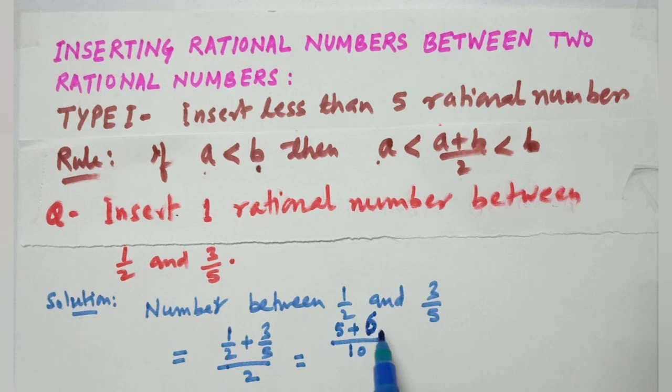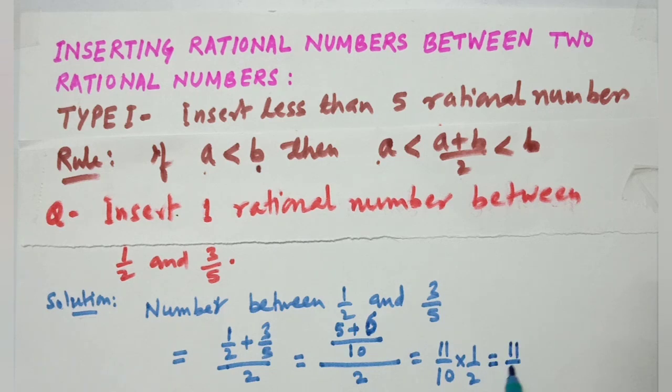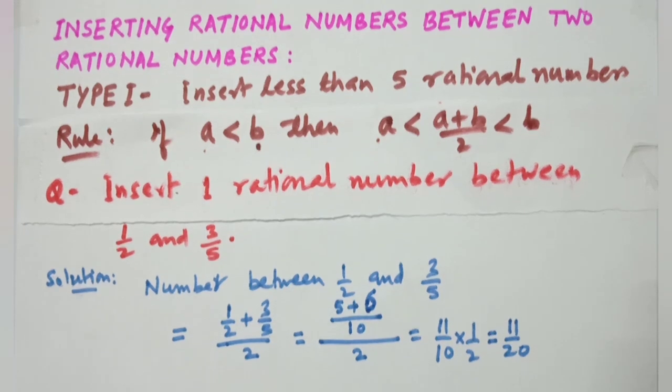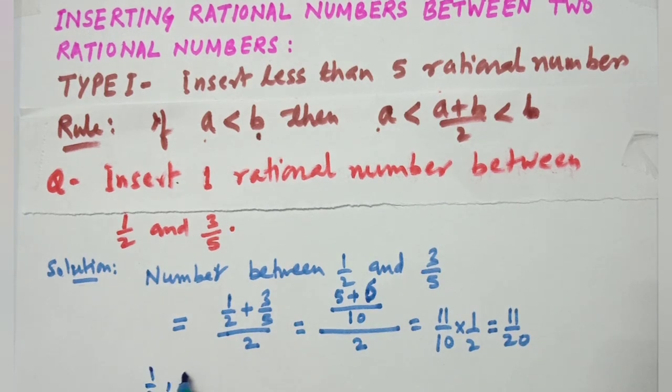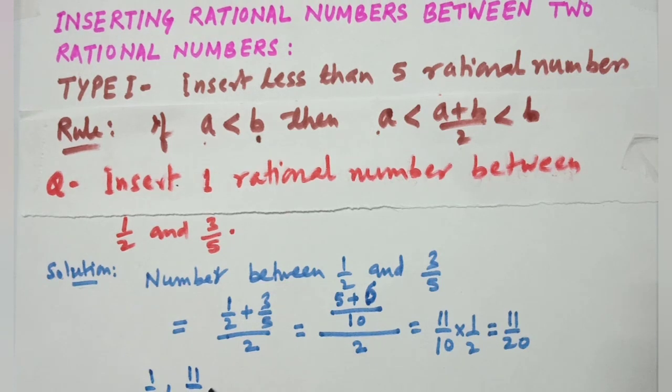You get 5 plus 6, and the whole thing will be divided by 2. So that is 11 by 10, and dividing by 2 you can write as multiplying by 1 by 2, which equals 11 by 20. Okay, so this is the number between 1 by 2 and 3 by 5. So we can write 1 by 2, 11 by 20 and 3 by 5.